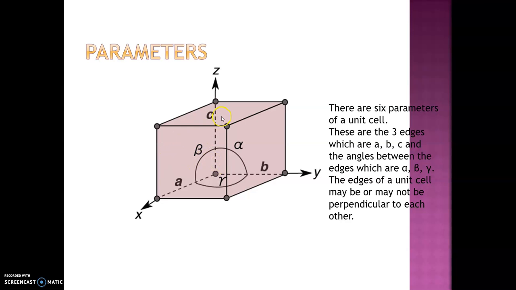And the angles between the edges are also considered parameters. Between A and C, beta is there. Between A and B, gamma is there. Between B and C, alpha is there. These are the angles of a unit cell. Based on these edges and angles, we can further classify unit cells.